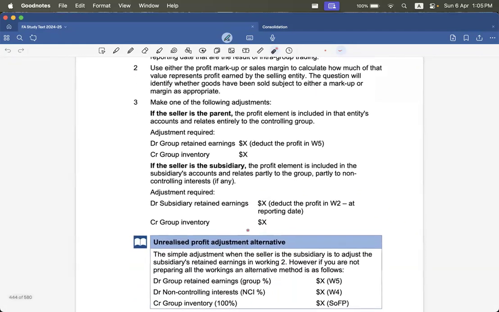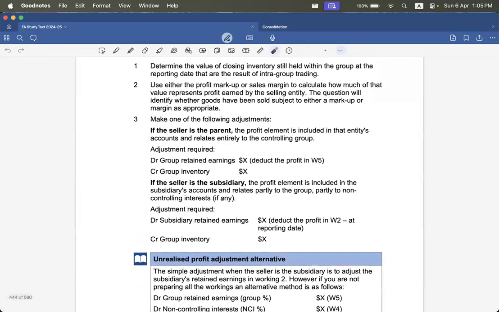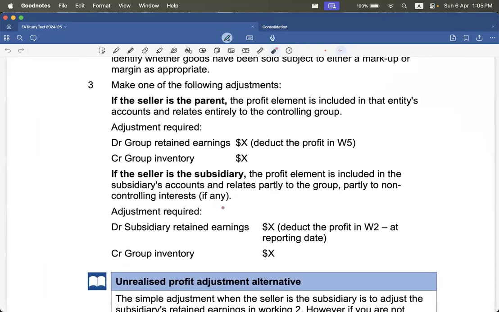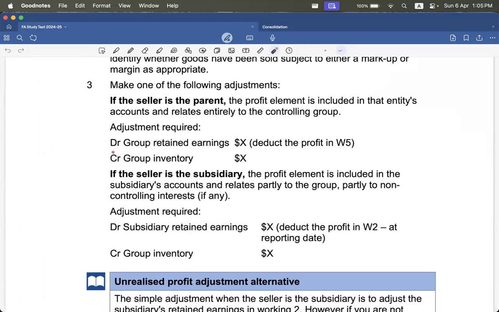Now, what is the logic behind this adjustment? You're going to take it off from the group retained earnings, that is working note 5, and you debit it. Retained earnings, when it reduces, gets debited. And there is an equal adjustment entry applicable towards the inventory.